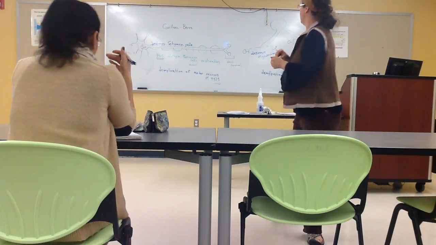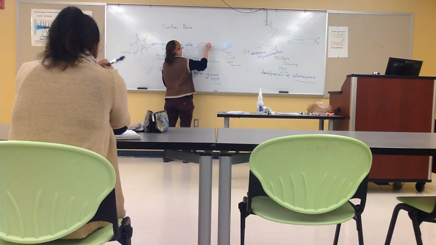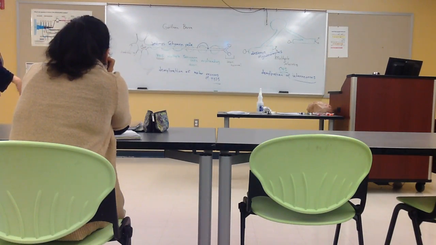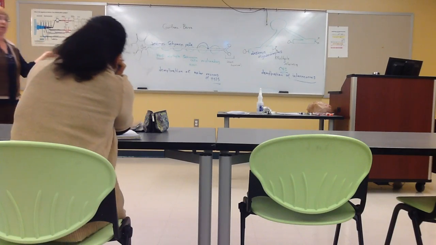And the way it does it with this insulation is it makes it to where it jumps over, right? So if this right here is an axon, and we're having action potential along it with a non-myelinated axon, it would go like this, right?